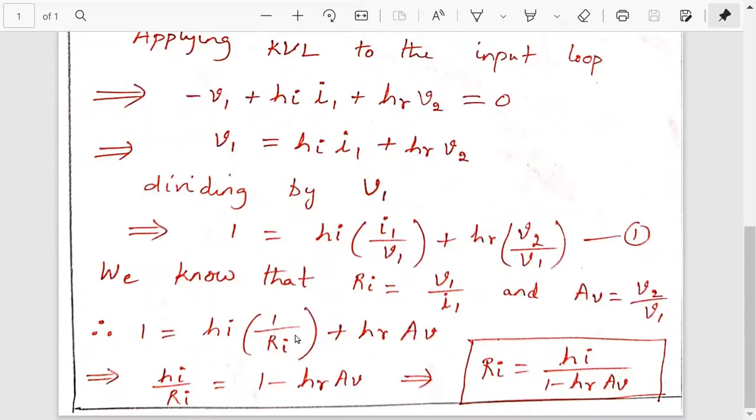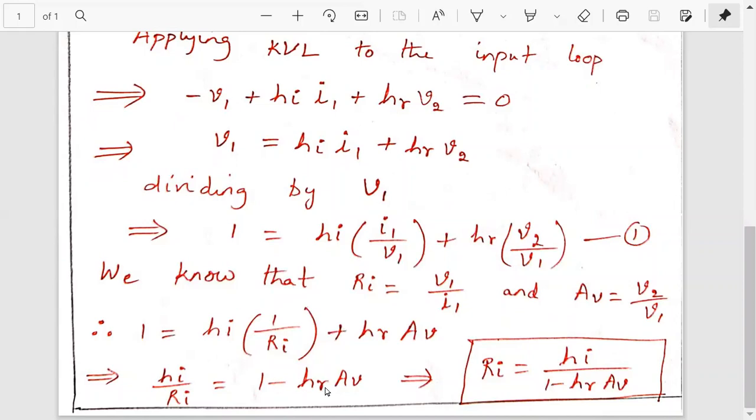For that, first we send the term Hr Av to the other side, so we have Hi by Ri as 1 minus Hr into Av. When it goes to the other side, it becomes negative.